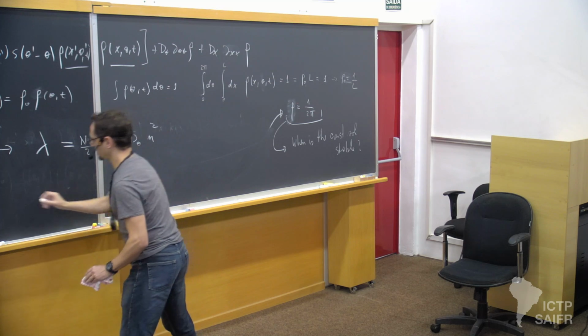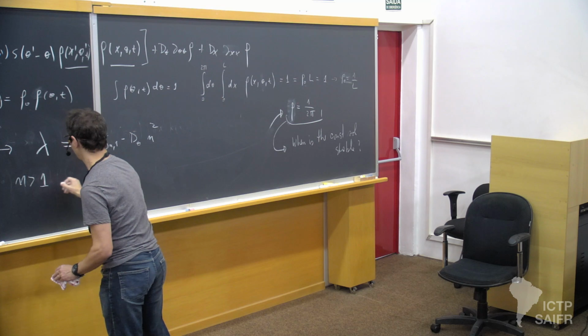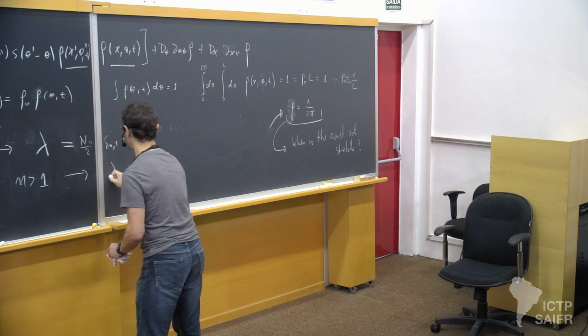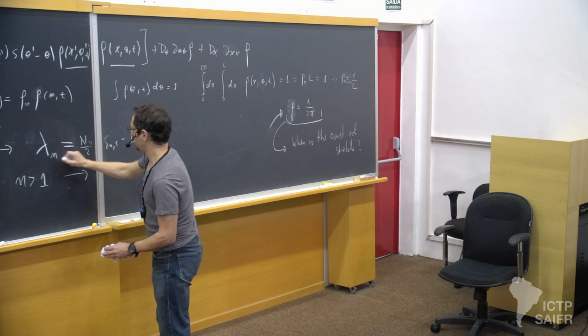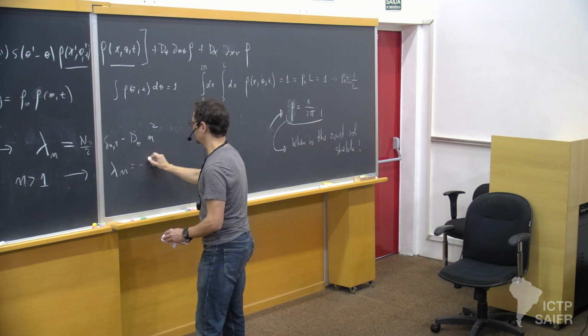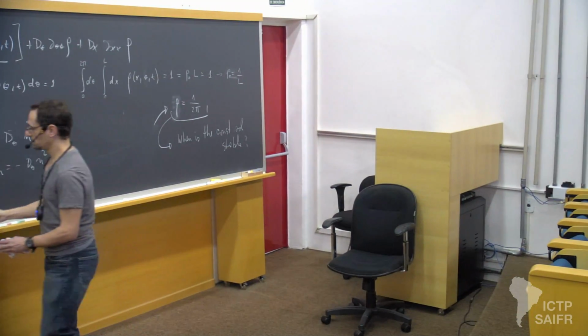So for all n larger than 1, what you have is that delta n is equal to minus d theta n squared, meaning all these modes are stable.